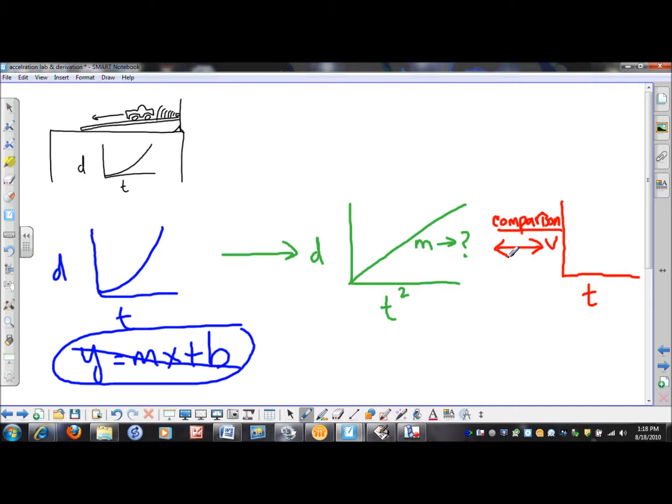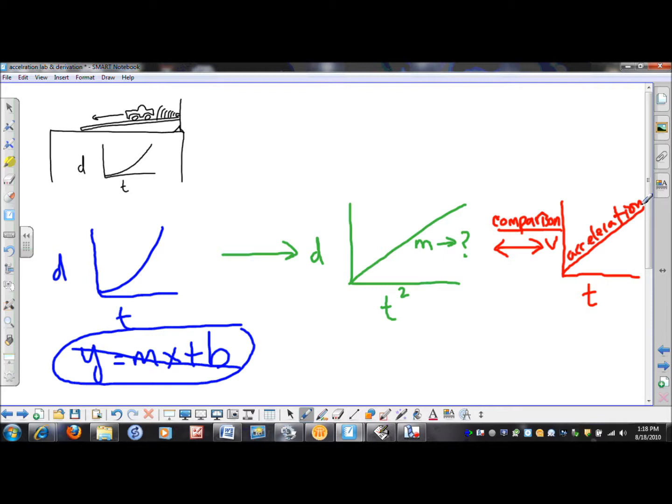Because do we know what the slope of a VT graph represents? That's acceleration. That's not an issue. We know that. Okay? Some of you may not really understand acceleration yet. You've experienced it, but you may not really. But we know on a VT graph, the slope is acceleration. On a DT graph, the slope is velocity.